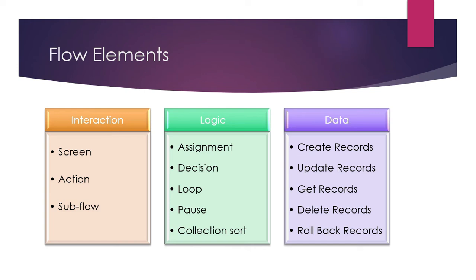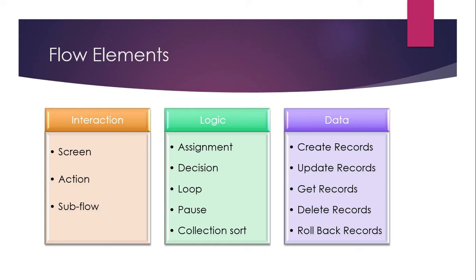So first there is interaction, where we have screen, action, and subflow. For screen, we can take that as a UI in which a user can type a record or some information so that we can save that record. Action is some action we perform, let's say creating a task, sending an email, or creating a chat post.